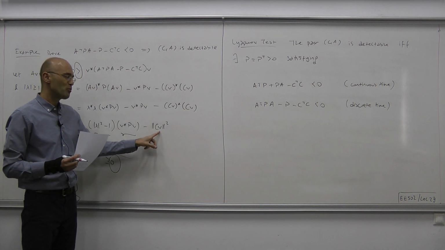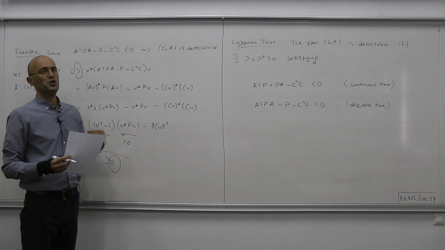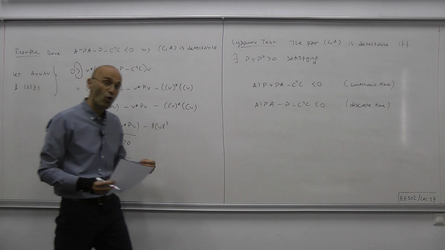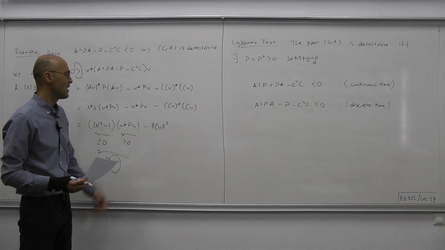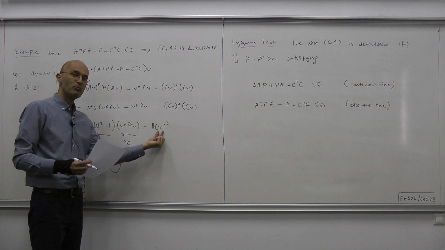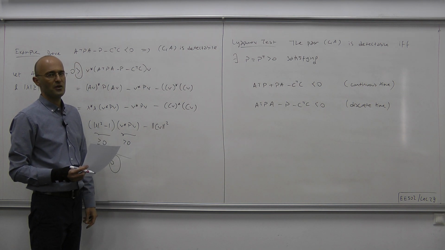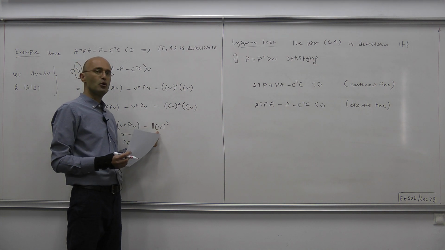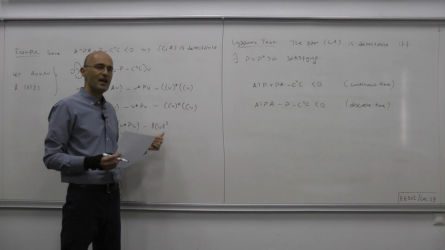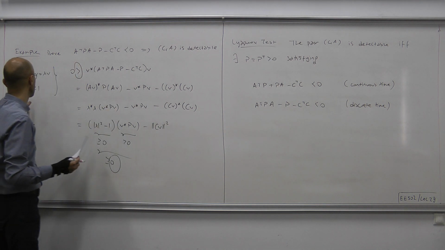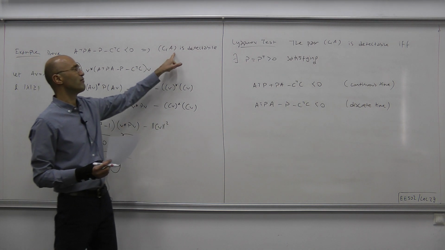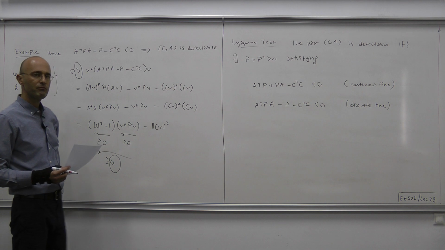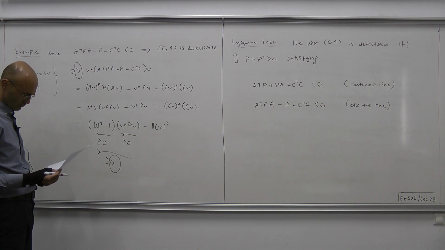And that means norm square must be strictly positive, so what's being normed must be different than 0. And that means, finally, that V does not belong to the null space of C. And then by the eigenvector test, we conclude that the pair is detectable.